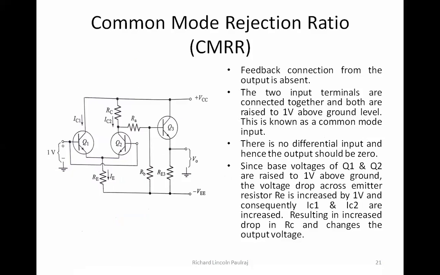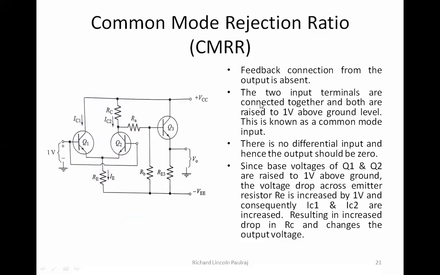Instead, we are connecting both of the bases together and the same voltage is given. Hence the term common mode. Common mode input, because both of the transistors are shorted and given the same input. The feedback connection from the output is absent, so there is no feedback connection here.